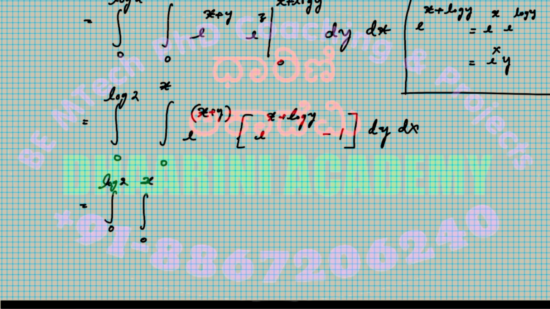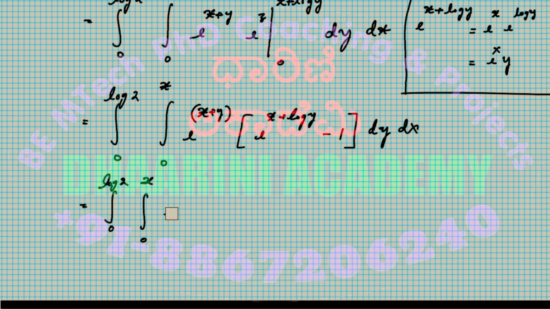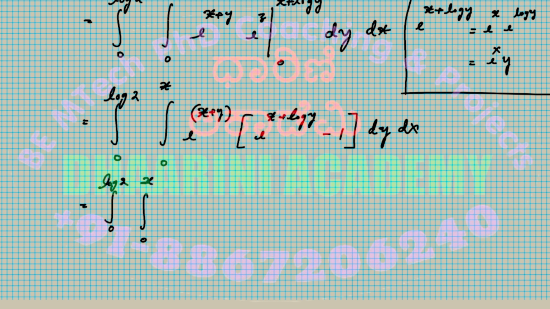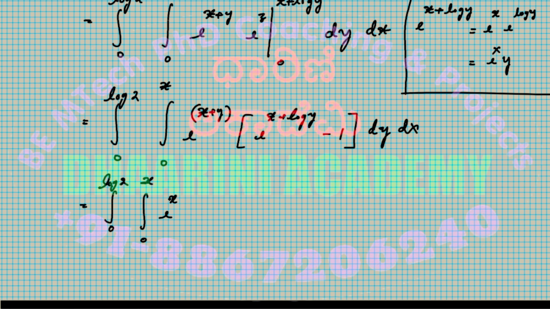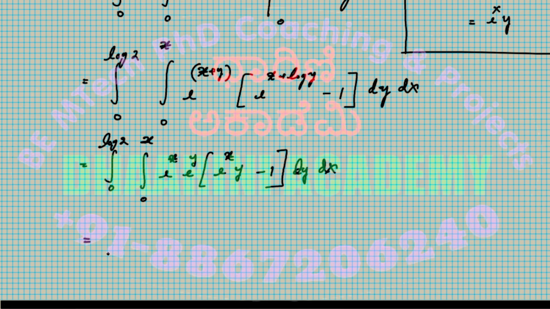Better to split this now itself, instead of splitting later, because anyway ultimately I'm going to do the integrations after separating. So let's separate. So this is e to the x into e to the y, then I'll write what is inside. This is e to the x multiplied by y minus 1, dy dx. Now I think I can multiply the terms before I do the next step.